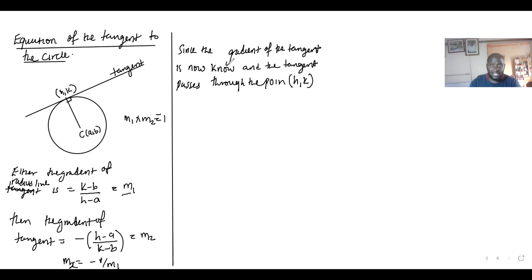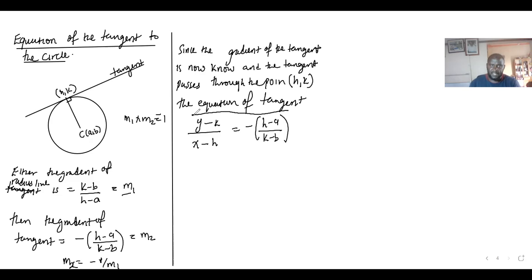Now, since we know the gradient of the tangent, and the tangent passes through (h, k), if I want to find its equation, then the equation of the tangent will be (y minus k) over (x minus h) is equal to negative of (h minus a) over (k minus b). Then with this, I can simplify and make y the subject and get the equation.